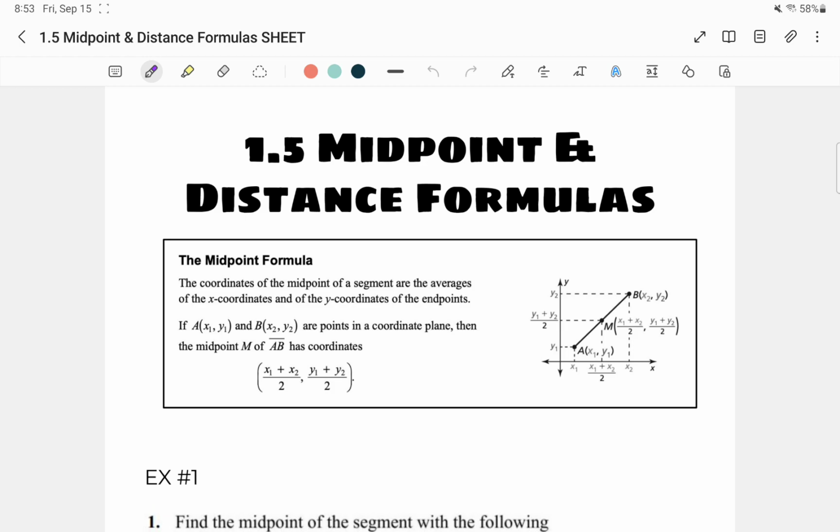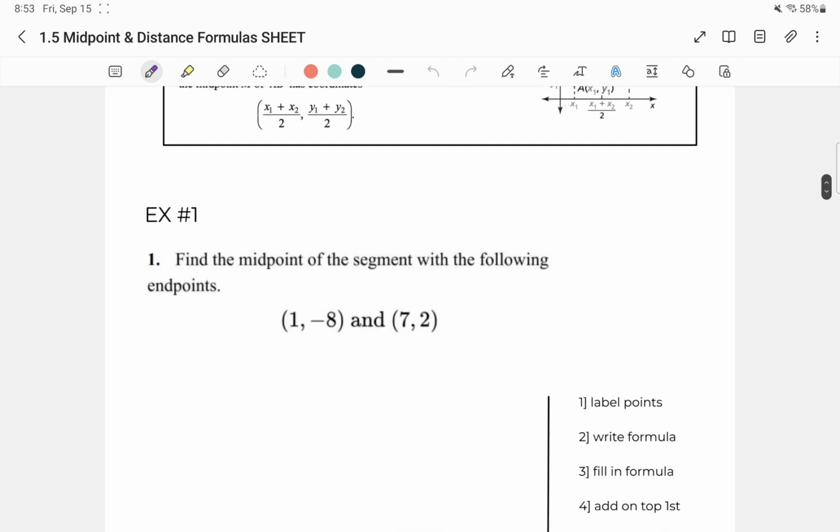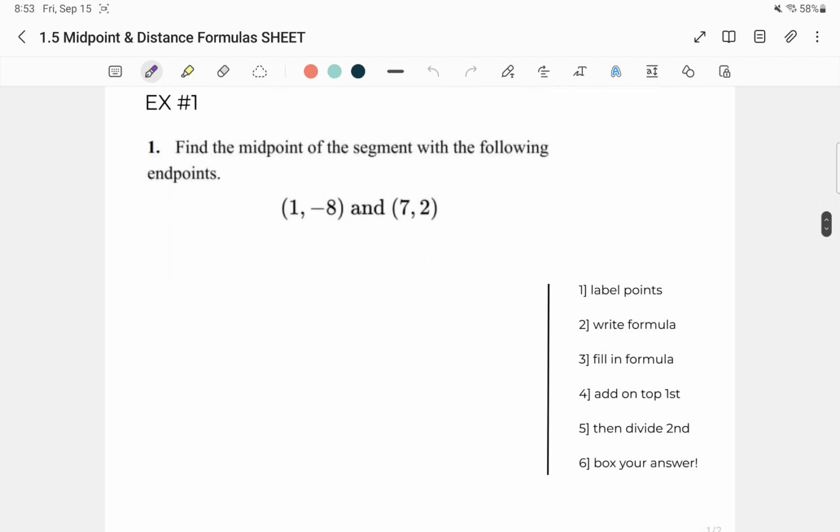So example number 1 says, find the midpoint of the segment with the following endpoints: (1, -8) and (7, -2). So our first step is going to be to label. We're going to label x1, y1, x2, y2.